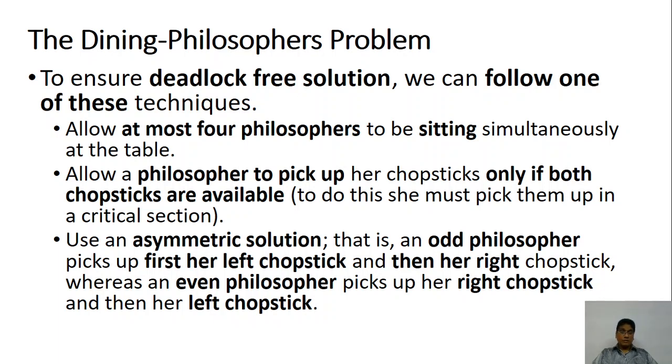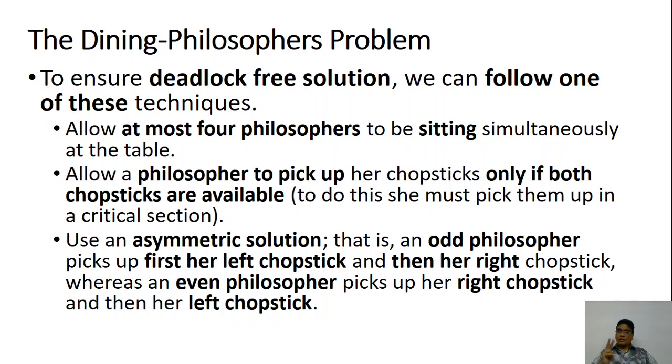So what's the second one? You tell the philosopher that okay, you got one chopstick. If you cannot get the next chopstick, you got the right hand side chopstick, if you can't get the left hand side chopstick, then leave it. So you hold the chopstick only if you are able to grab both of them. If you are able to grab one and not the second one, leave the first one.